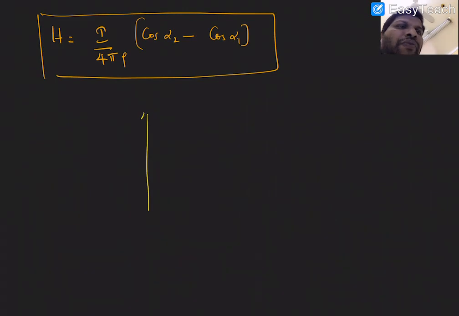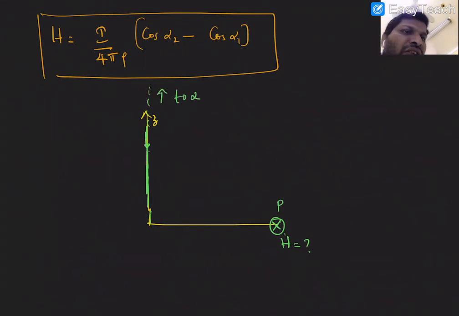This is my z axis, and this is the point of consideration where I want to find H, and this is my wire. Now my wire is extending to infinity, and it is also going to minus infinity, with the current going in the same direction.